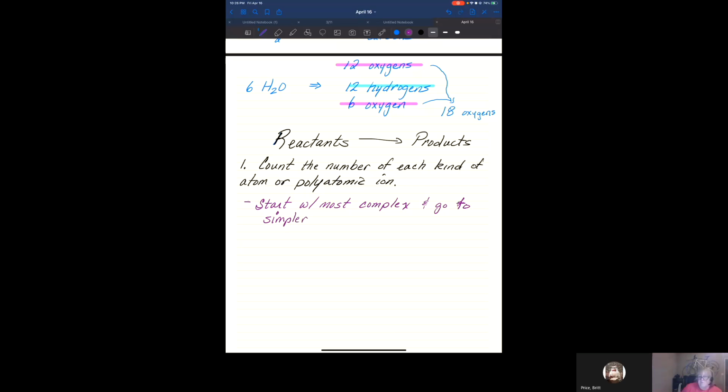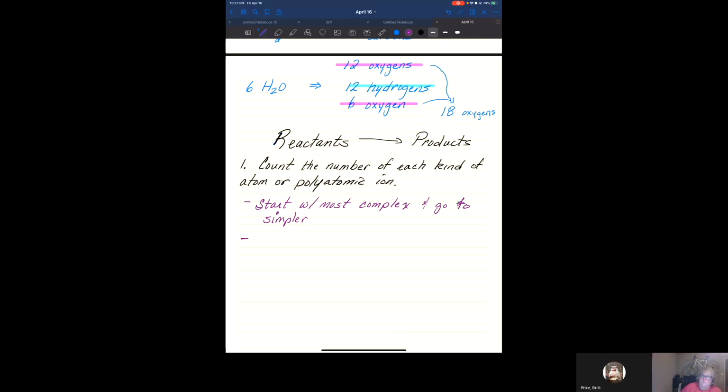So you're going to look for something that has large counts of elements in it. So go from complex to simple.